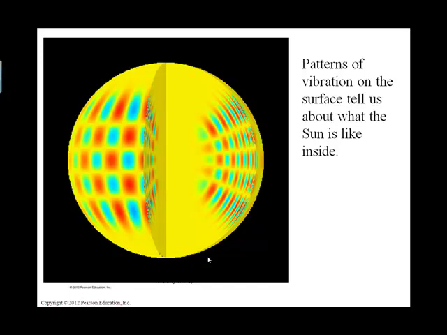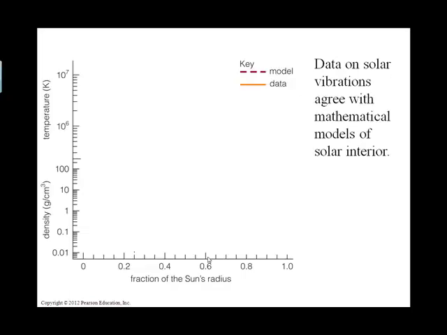If you know what you're looking at, vibrations can tell you information about the density and the nature of the matter on the inside of the sun. What you're looking at is a dotted line that's the predicted model, and the real data is the solid orange line, and they are very much overlaid. The two parameters to look at, to see whether our models agree with the data we observe, are the internal temperature of the sun and the density of the material inside the sun.